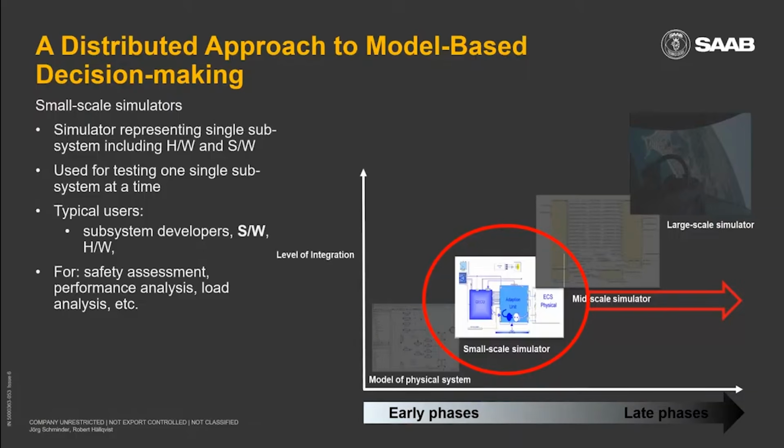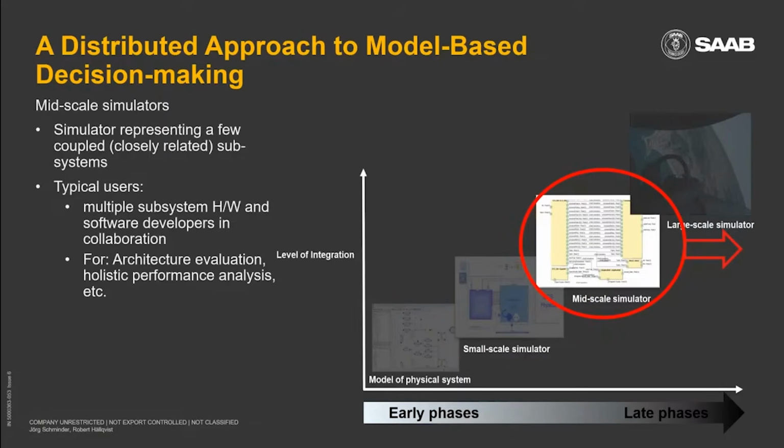And we use this type of simulator for the same purposes as the hardware model, to develop the models, the software, to do safety assessment, performance analysis, etc. We run a lot of simulations, and once we're mature here, maybe we develop a mid-scale simulator where we incorporate several different closely related subsystem models and their corresponding software. And this we use, for example, for architecture evaluation on a higher system level and a more holistic performance analysis.